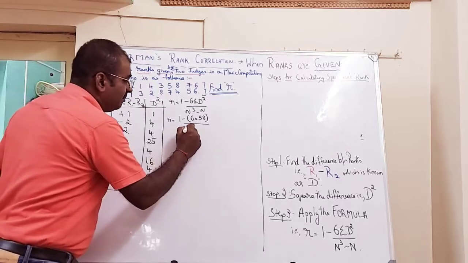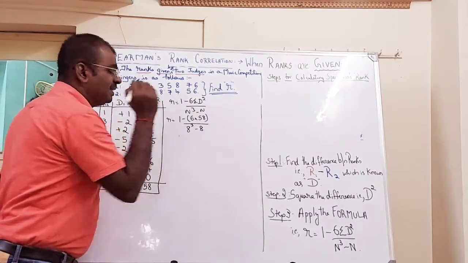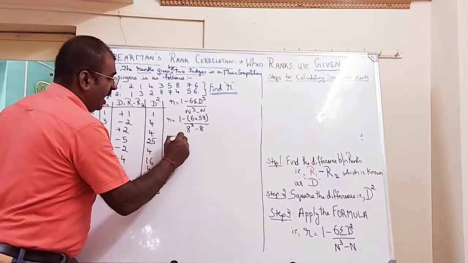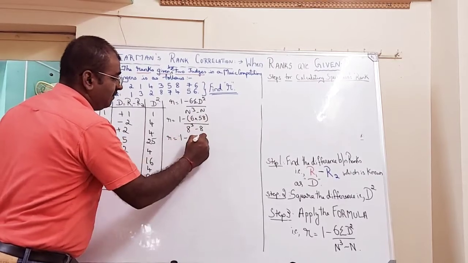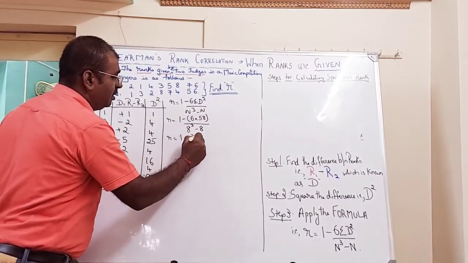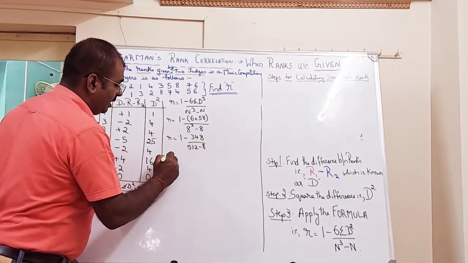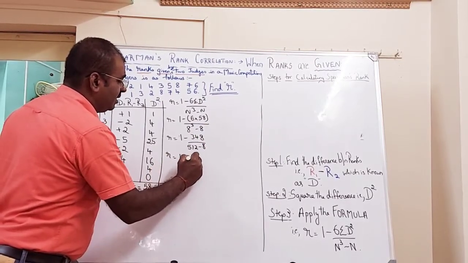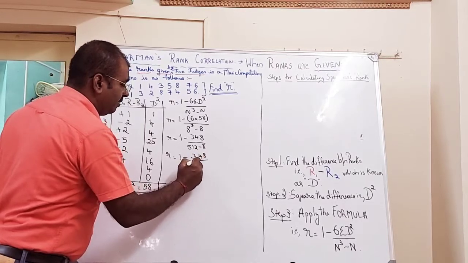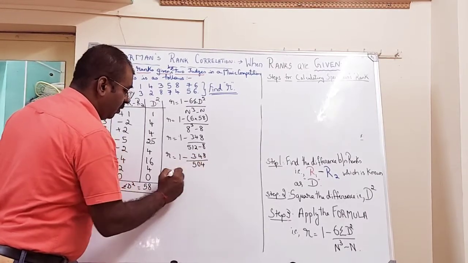So n cube minus n is 8 cubed minus 8. R is equal to 1 minus 6 times 58, which is 348, divided by 8 cubed, which is 512, minus 8.